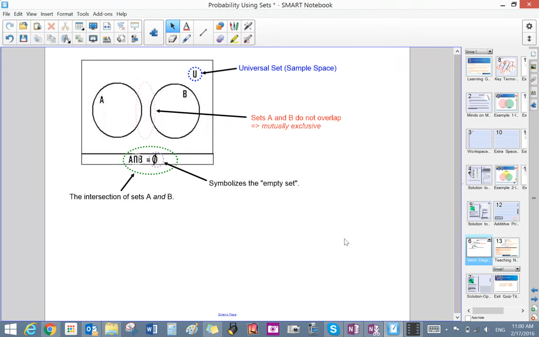I created another little diagram that you can include in your notes to indicate the null or the empty set, which are the number of elements in the intersection of A and B, and with no overlap, they're mutually exclusive events.